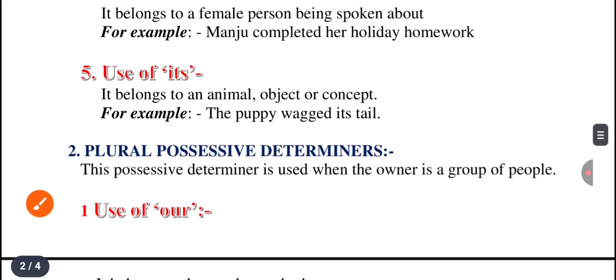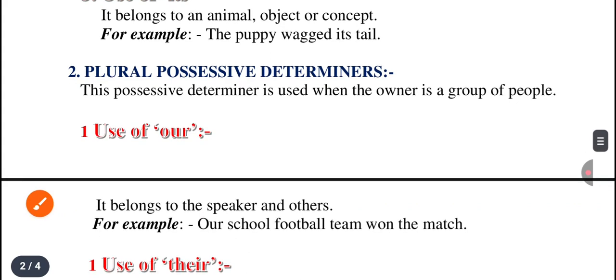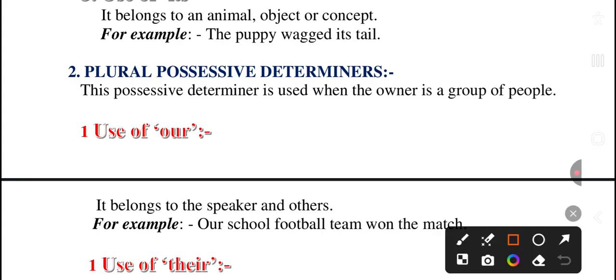Now, the second type of possessive determiners are plural possessive determiners. This possessive determiner is used when the owner is a group of people. These are again two in number.